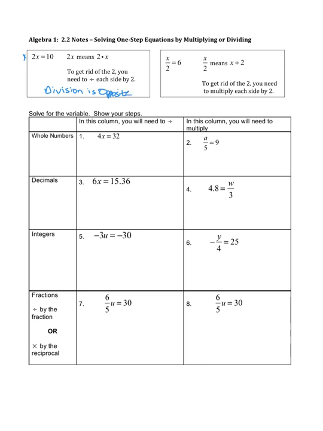Now, a fraction is a division equation. So x over 2 means x divided by 2. And what's the opposite of division? It is multiplication. Multiplication is opposite.